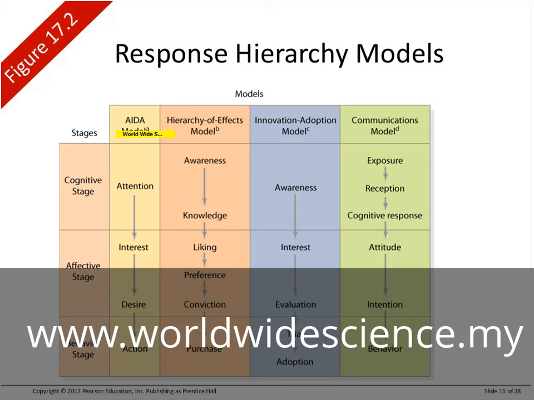So the IDA is the first step. There are some stages: cognitive stage, affective stage, and also behavior stage. First, you must get attention. Attention is the first step in the IDA model, and after that, interest and desire, and the last thing is action.